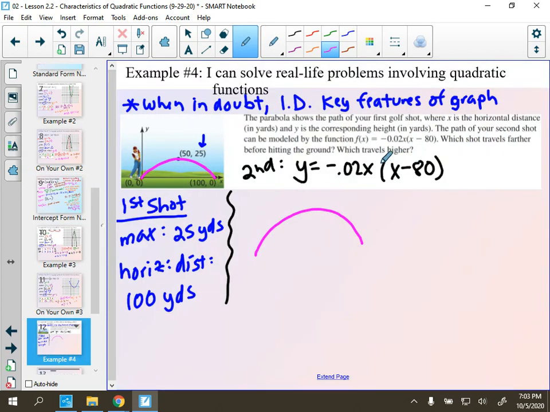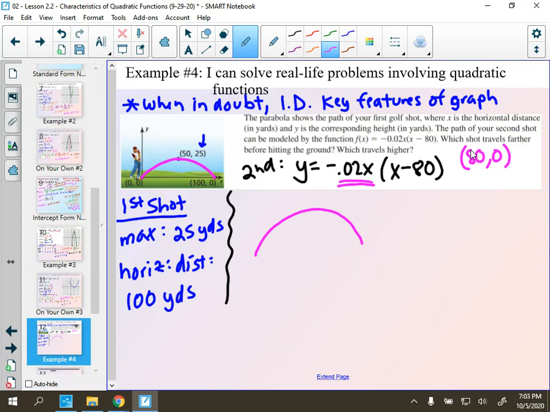What are my x-intercepts? What's going to make each of these expressions equal to 0? Oh, wait a minute. 80, right? If this is 80, that means one of my x-intercepts is (80, 0). What's going to make this expression right here equal to 0? Ignoring the x minus 80 and just focusing on negative 0.02 times x, what does the x value have to be to make that 0? Of course, the answer is 0.